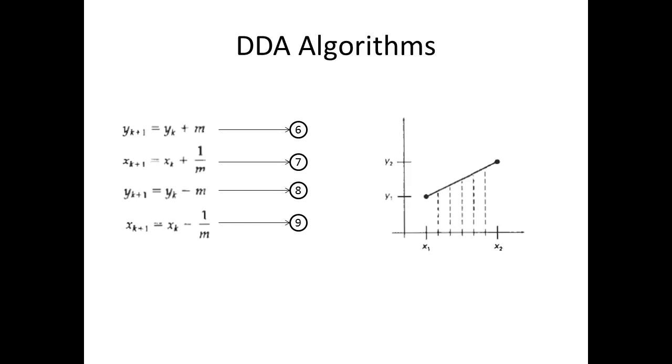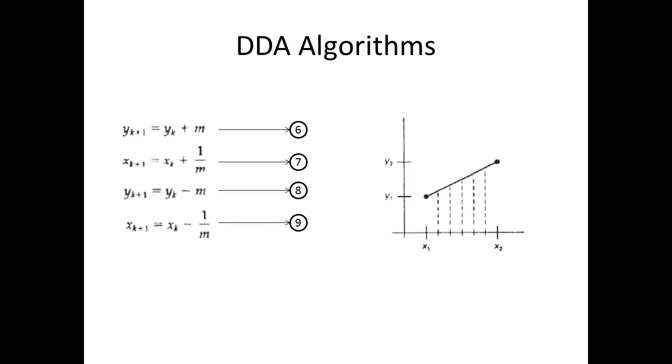If the absolute value of the slope is less than 1 and the start endpoint is at the left, set delta x = 1 and calculate y values with equation 6.